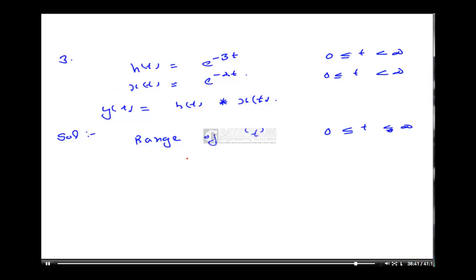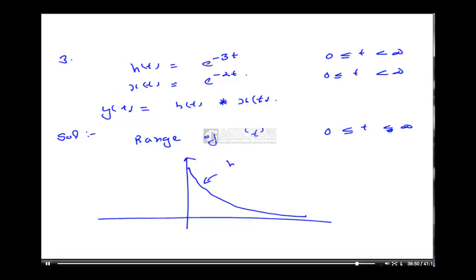Now this expression is something like this. This is your h of t and this will be x of t minus tau. This is t, this is equal to 0. I can write this expression h of tau.